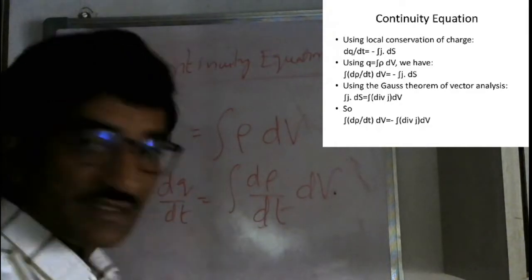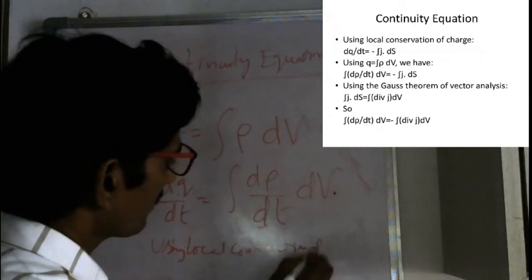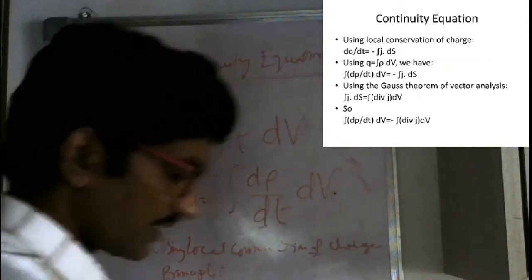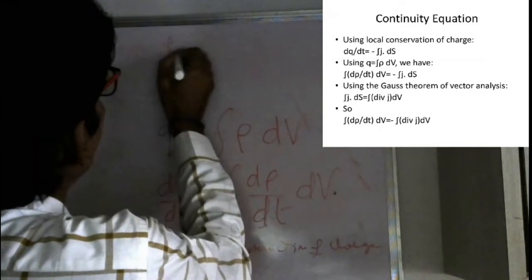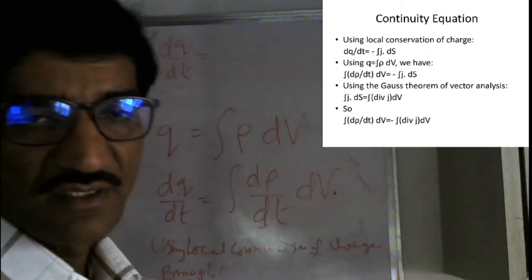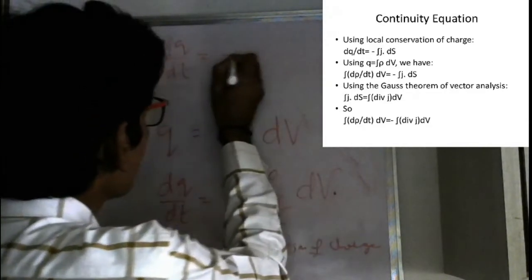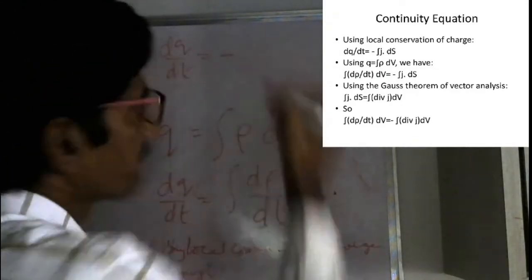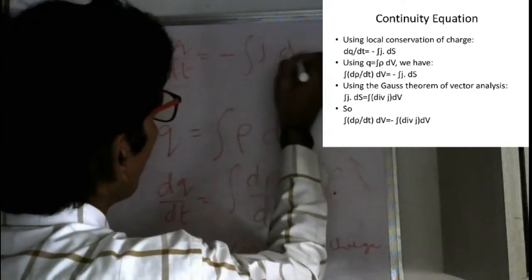So the change of charge within that volume, dou q by dou t, is equal to the current crossing that surface, which we expressed in terms of J. That means the current going outside of the surface: minus the integral of J dot ds.